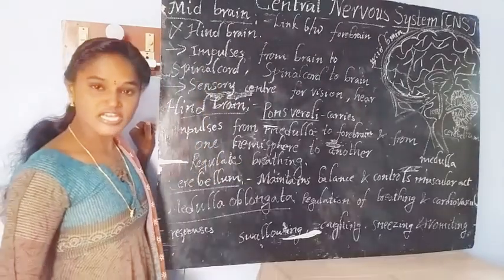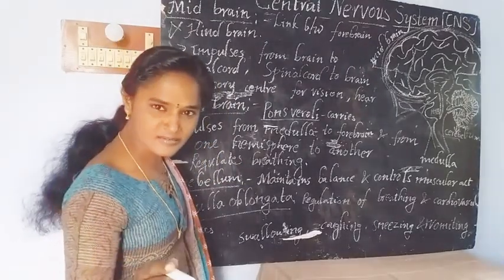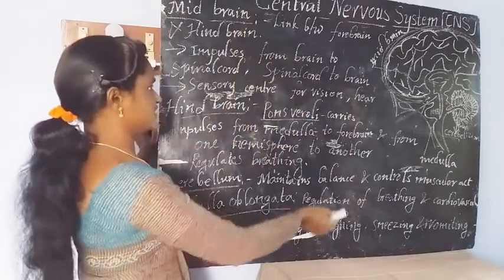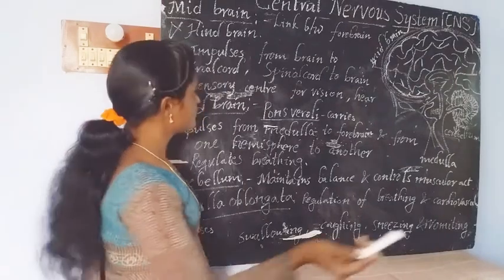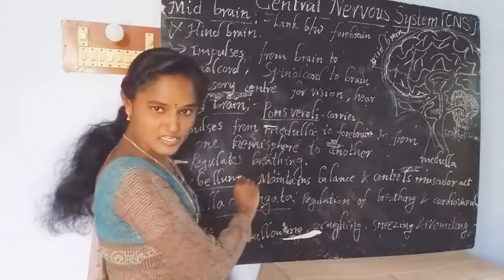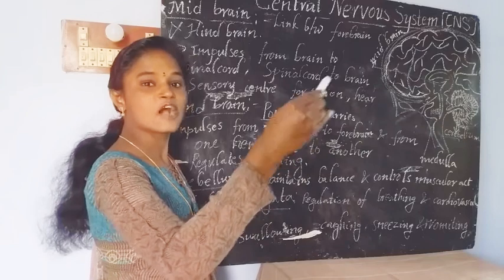If we talk about impulses, what is the function of the midbrain? The midbrain is able to send impulses from the brain to the spinal cord as well as from the spinal cord to the brain.